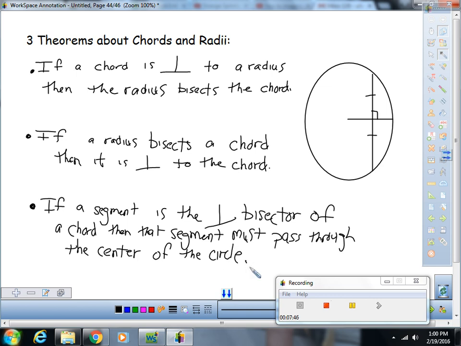So you might want to pause that and add those to your notes. Those are the 3 major theorems of today. The first 2 theorems are just converses of each other, and the third one's kind of something you should probably consider and think about before you start your homework.